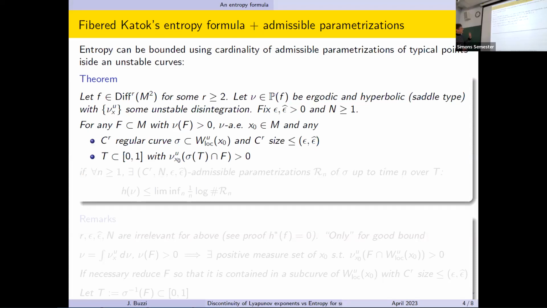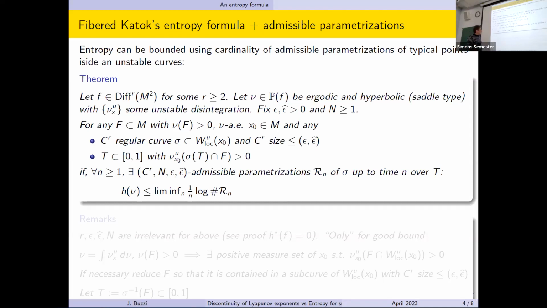If you have this first, and hopefully we will be able to find a family of parameterizations which have this property of admissibility up to time n for each n.